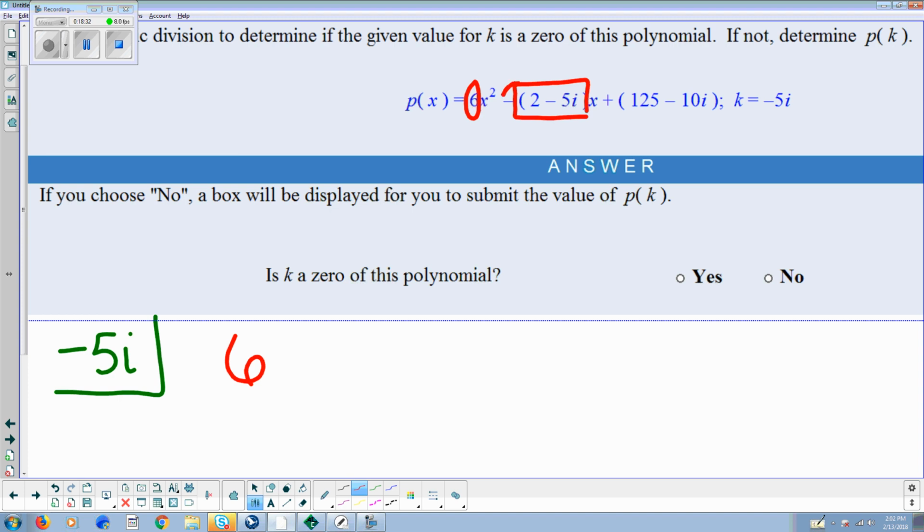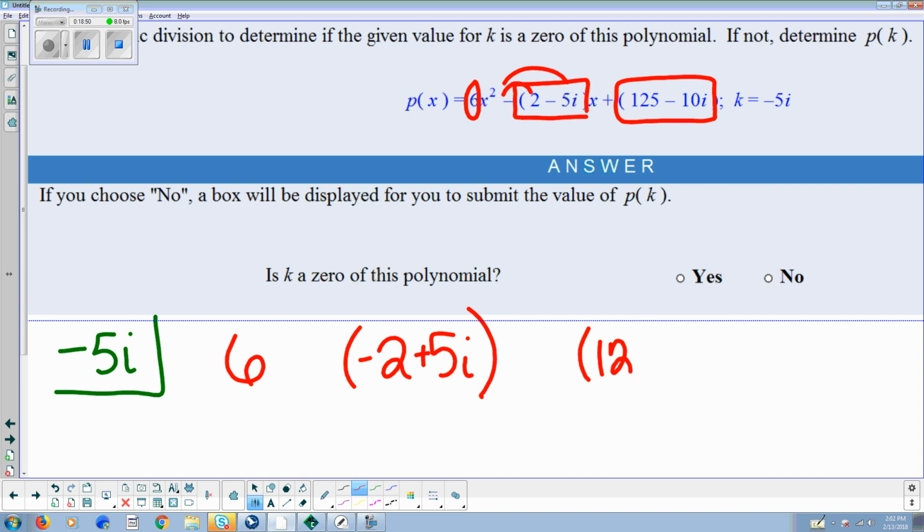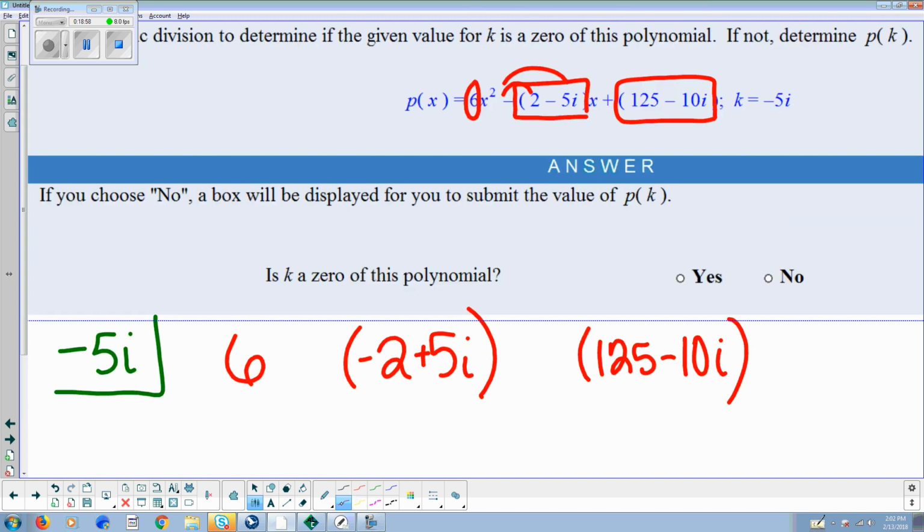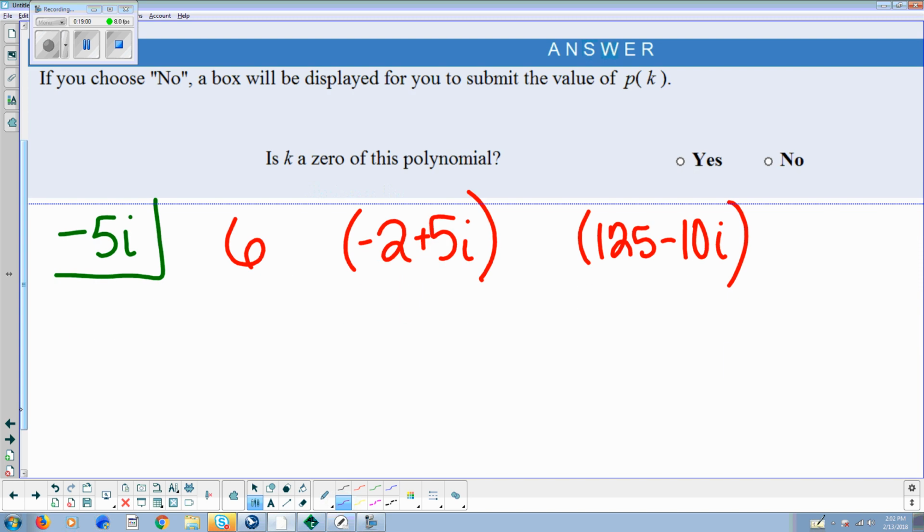So if I take the negative and distribute it, it's going to be negative 2 plus 5i. That's my second coefficient. My third coefficient is actually the constant term, and it is 125 minus 10i. So I write my coefficients in descending order, and then the synthetic division process begins.